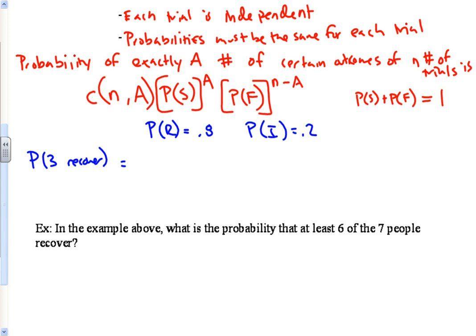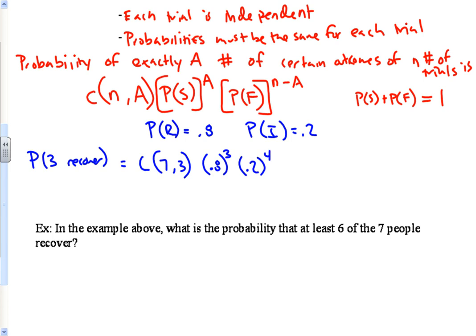So the probability that exactly 3 people recover is the combination of, out of the 7 people, 3, using our combination formula. The success, or the recovery, would be 0.8 to the 3rd power, and the number of failures, since there were 7 total, would be 0.2 to the 4th power.